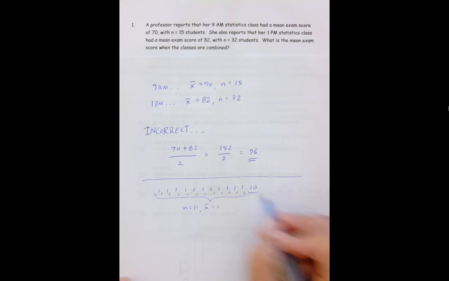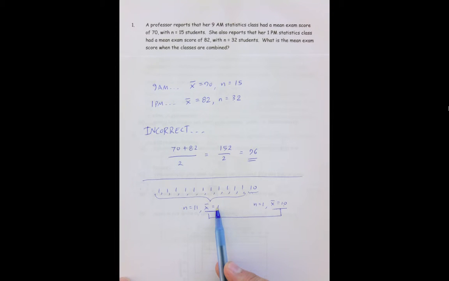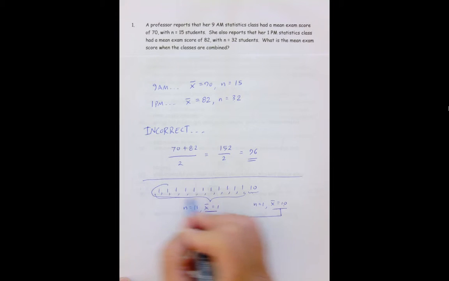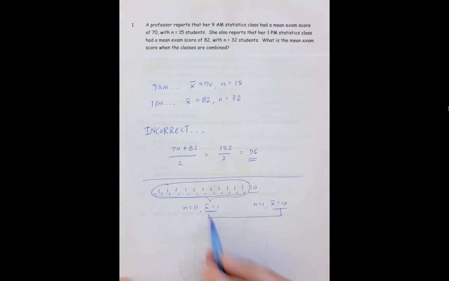The average of the other is 10. There's no person with any reasonable quantitative literacy who thinks that we should be able to add that 10 and that 1, divide by 2 and get 5.5, and that be the average of these numbers. These numbers right here are going to weigh more because there's more of them. They're going to have more weight, so we have to figure that into the calculation process.